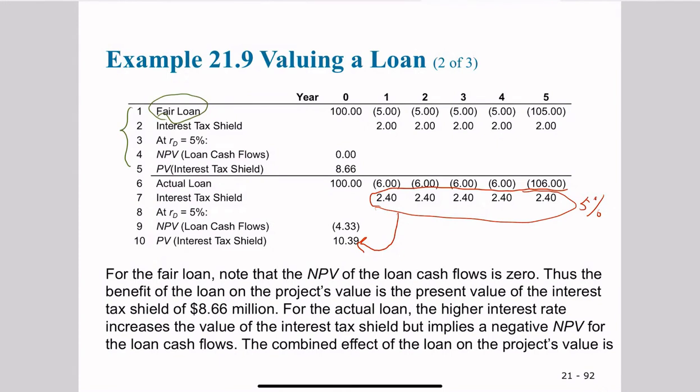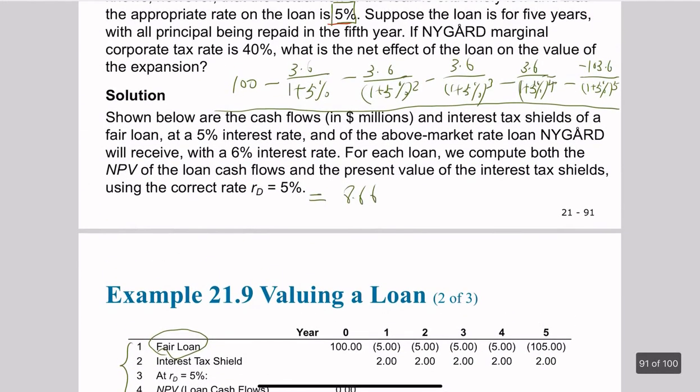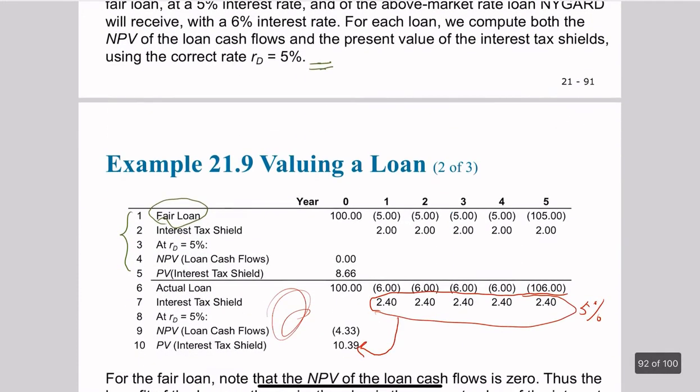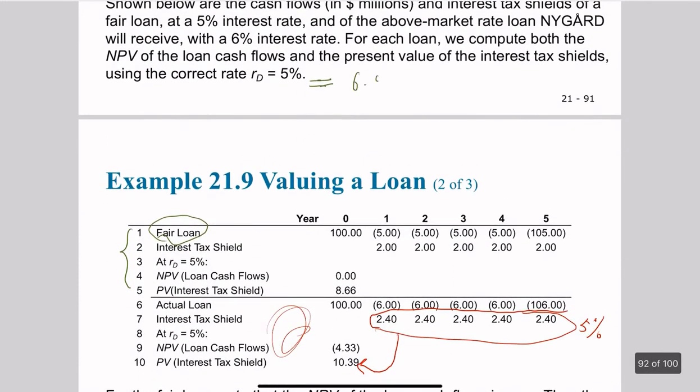So in the second case, if the NPV of the loan is minus 4.33 and the present value of the interest tax shield is 10.39, then I guess if you use calculator to make the calculation here, you can see that it should be equal to 6.06.